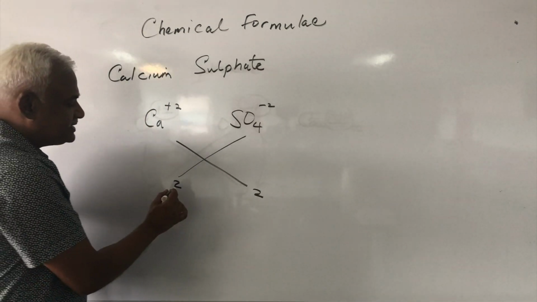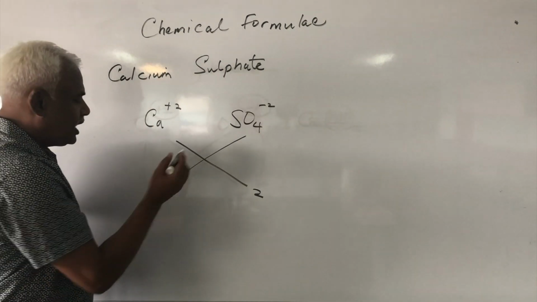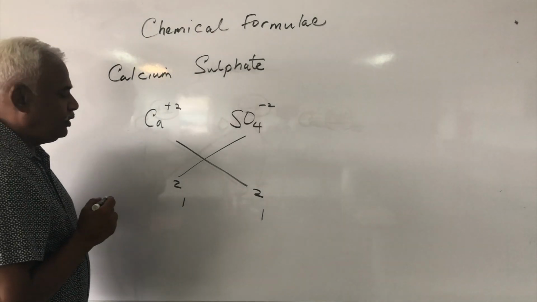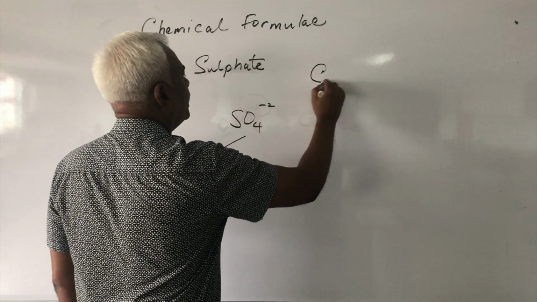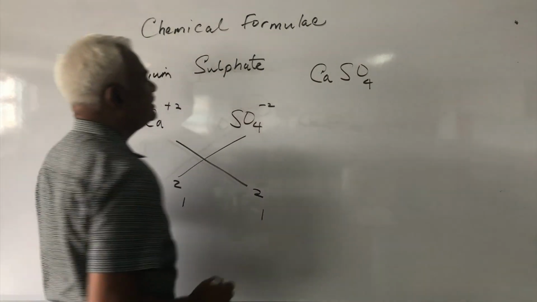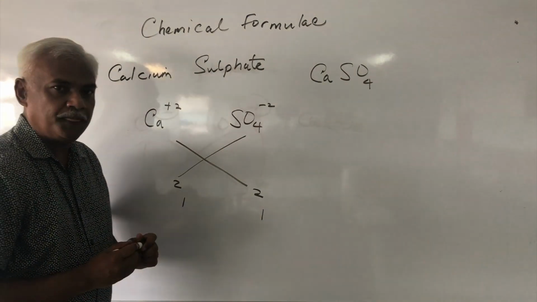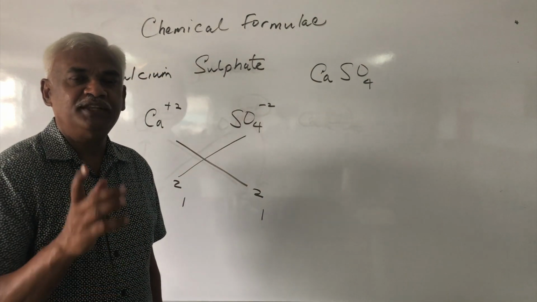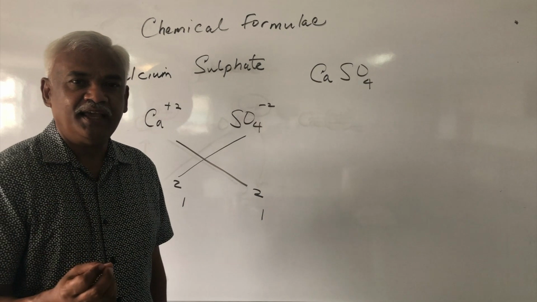Now, whenever I see the numbers being the same, I reduce it to 1, 1. And so therefore, we will have 1 calcium and 1 sulfate. Calcium sulfate, therefore, is CaSO4.